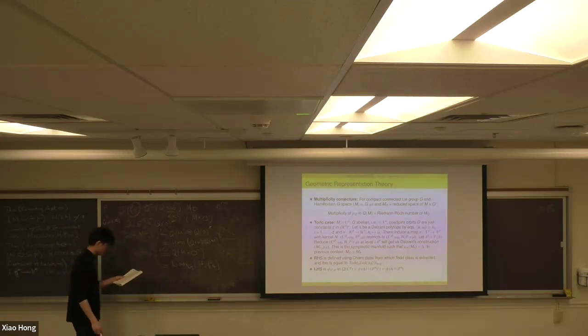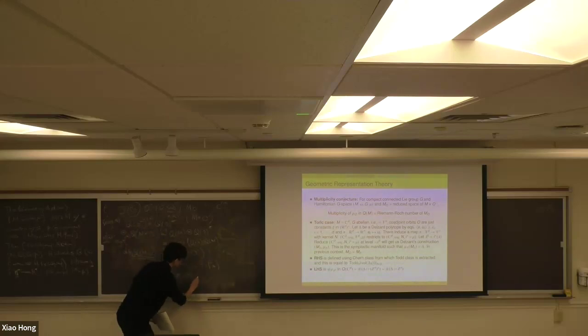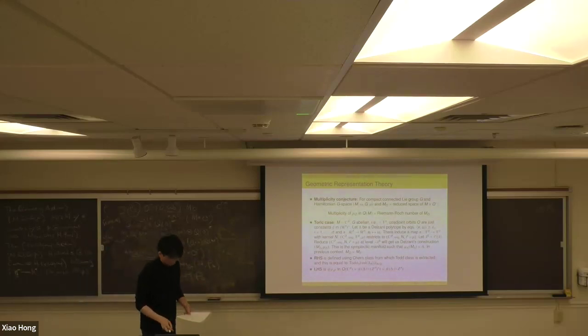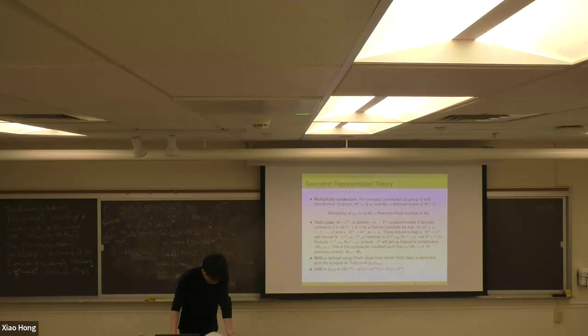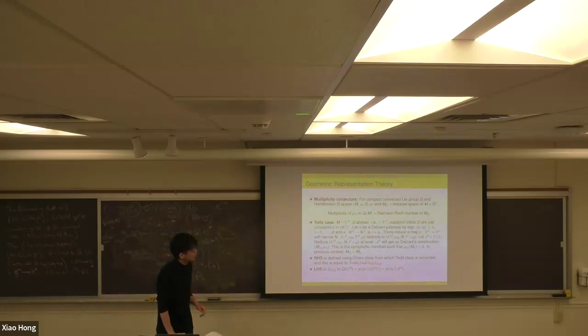So Schur's lemma says that the dimension of this, which is equal to the dimension of this, is equal to the multiplicity of O. And now Sternberg and Guillemin conjectured that for the compact connected Lie group G and Hamiltonian G space and this product manifold and its reduced space, the multiplicity of rho O in this rho is equal to the Riemann-Roch number of this reduced space.